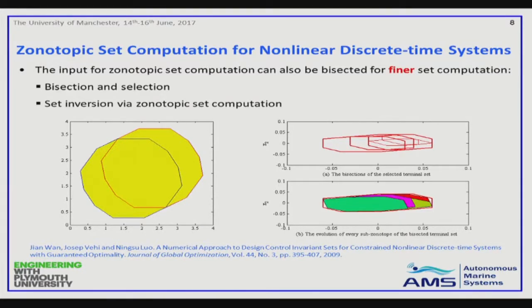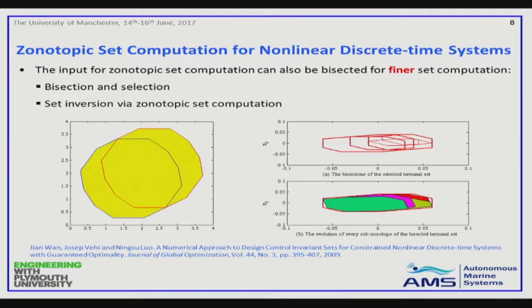Control invariance is an important issue in model predictive control and other control. It means that once you enter this set, your next state will not escape; you will always be in this zonotopic set. That is how we can use bisection to prove control invariance.